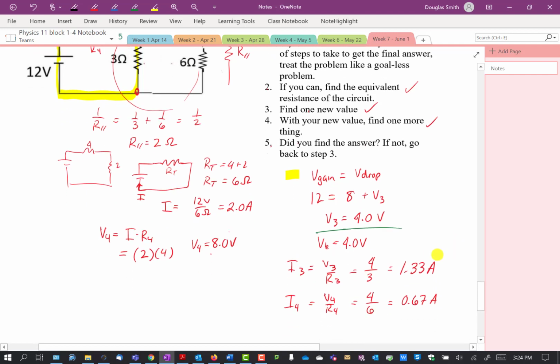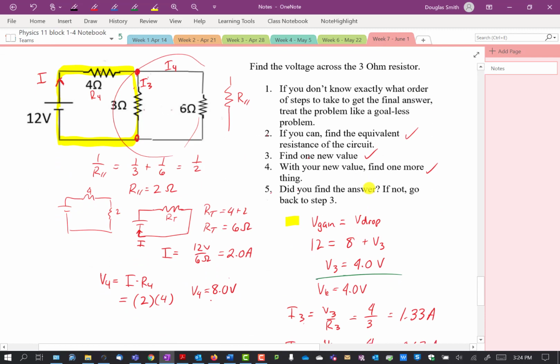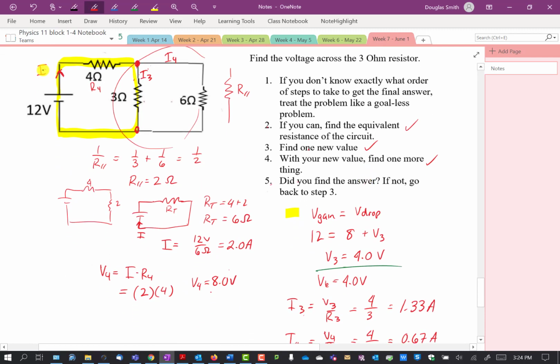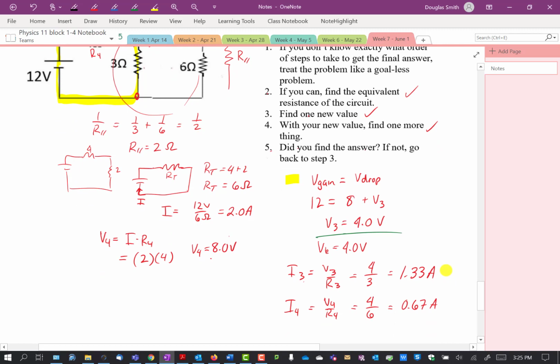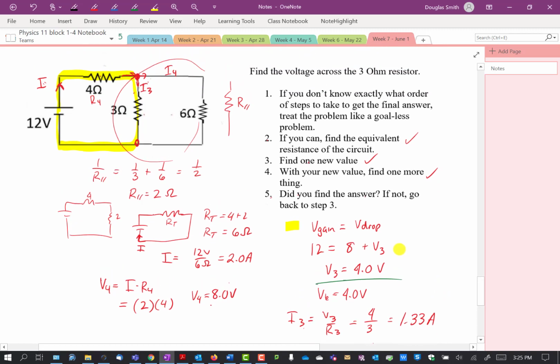And I also can tell that if I add up these two currents, I3 and I4, it should be equal to the current I, because the total current going into that junction is the current coming out. So 1.33 and 0.67 equals 2, and that is in fact the current of the circuit at this point.